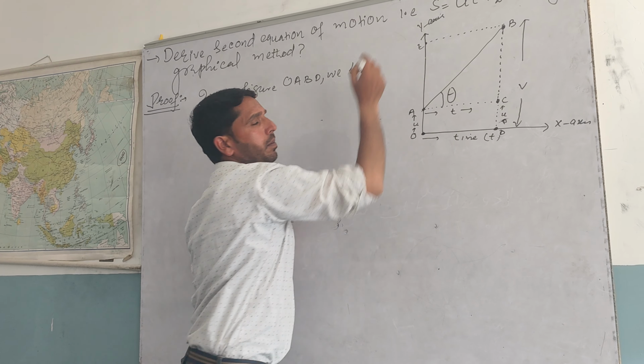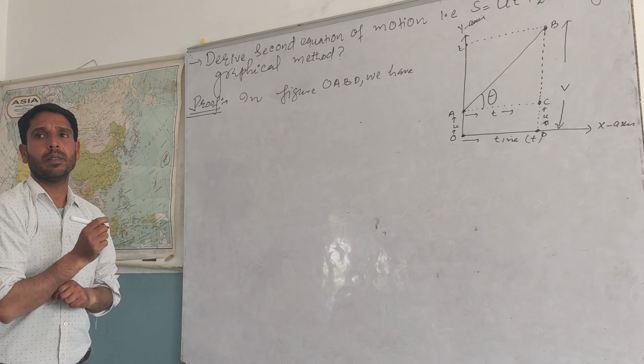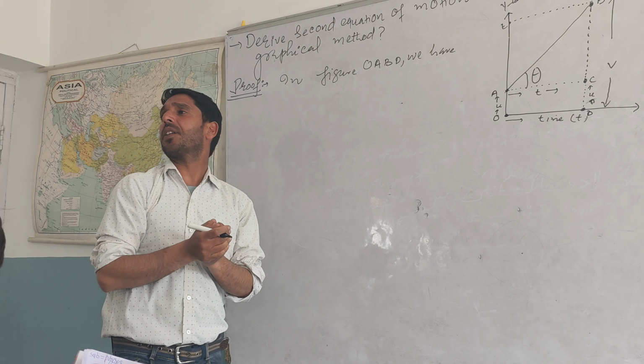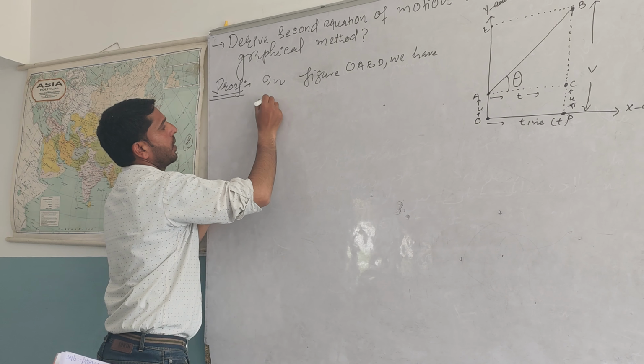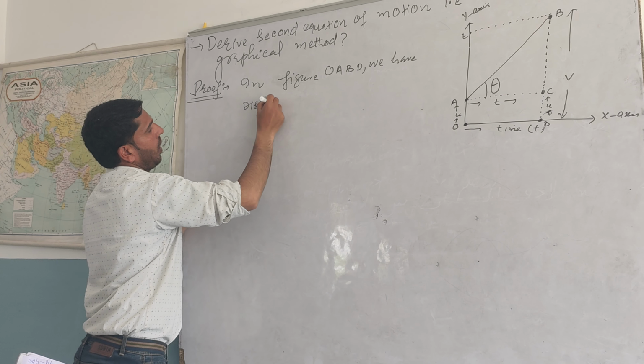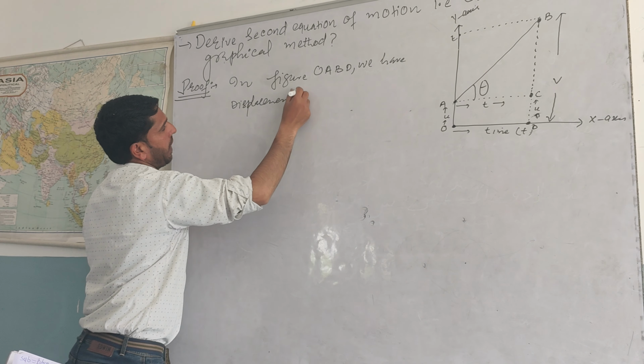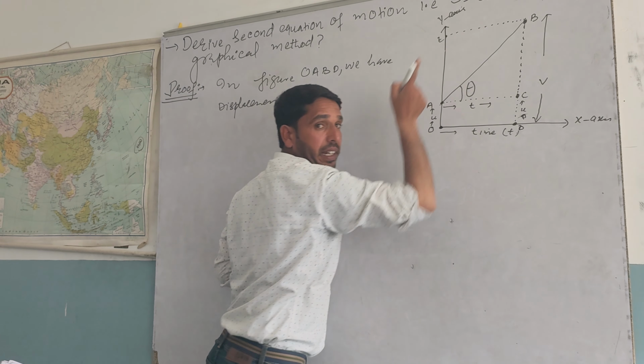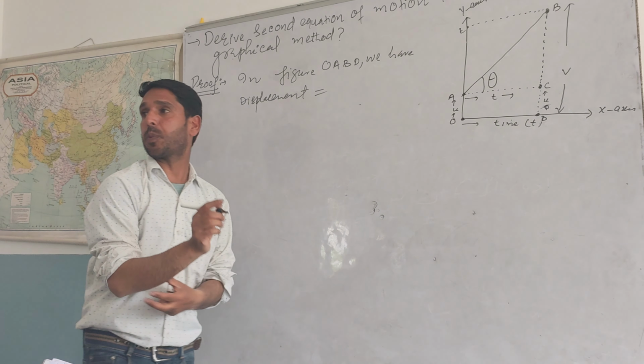What is S? It is also called distance or displacement. Displacement, because here is a particular direction, a straight line from A to B. So it's a displacement.